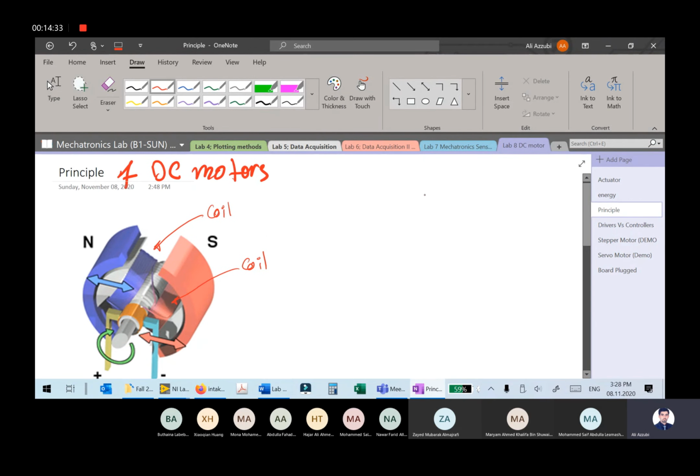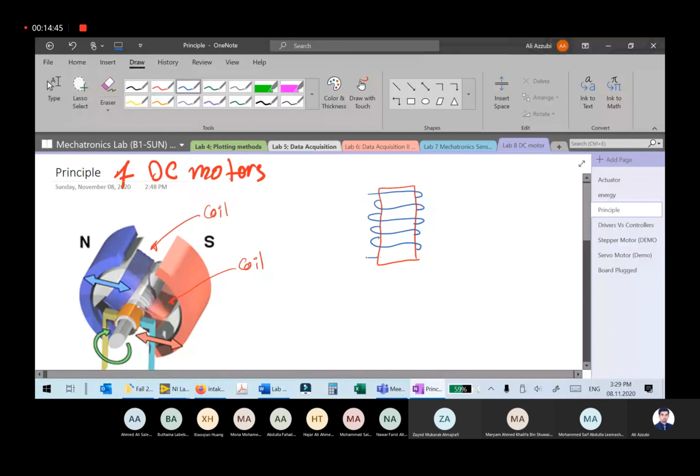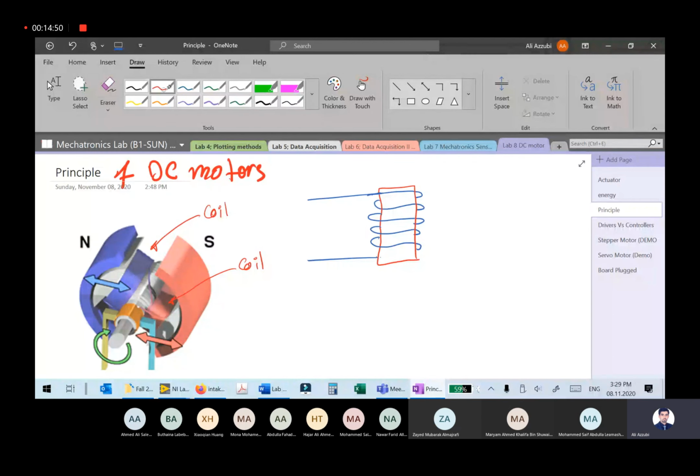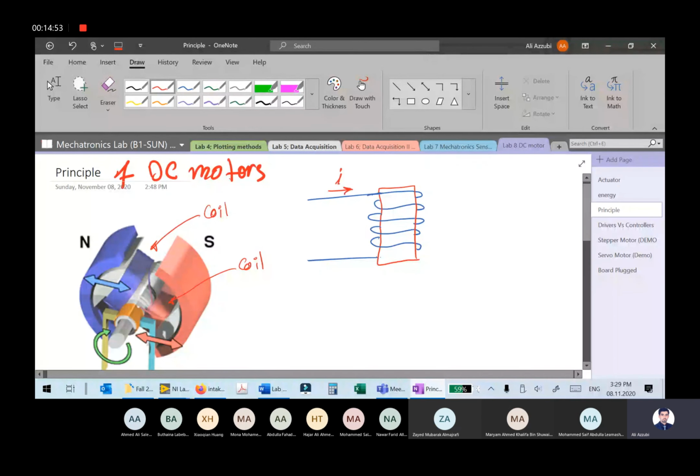Now you know if you have a ferromagnetic material like this, and you have a coil wrapped around this material, and imagine that you have a current I here, what's going to happen to this material? Simply, this material will turn into a magnet. So basically here you have some magnetic field lines, something like this.